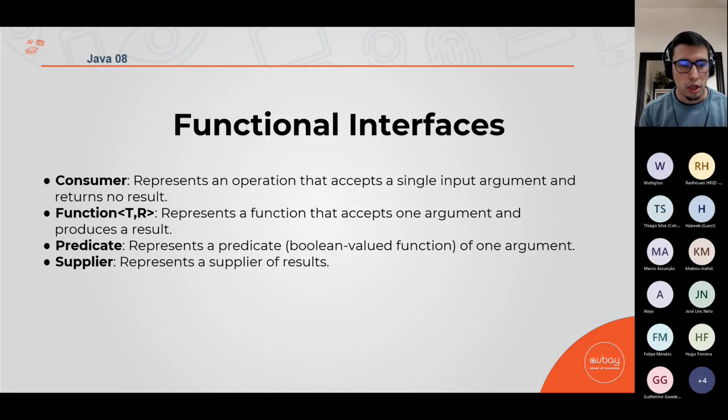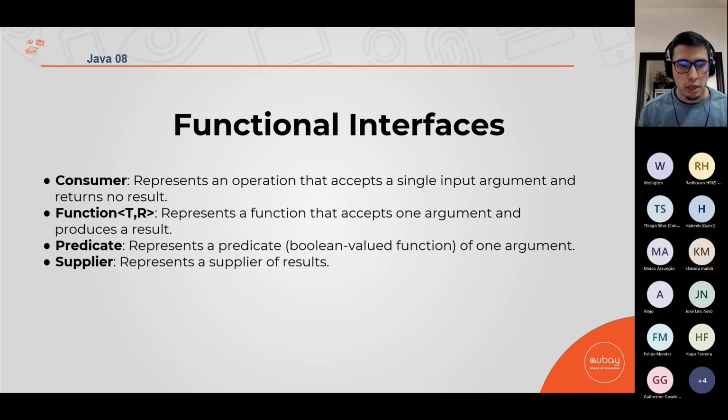For example, forEach receives a Consumer. And what is that? Basically, a Consumer represents an operation that accepts a single input argument and returns no result, like forEach, which doesn't have any result.